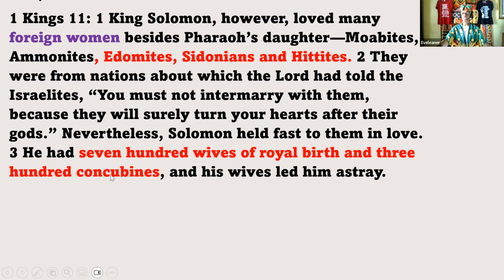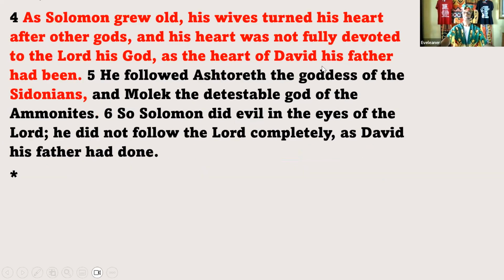That's 1,000 that Solomon had access to. How many did he have children by? It's still quite interesting, but it does show again that a lot of the women or the children that he did have were Edomites, Sidonians, and Hittites, meaning they are African.